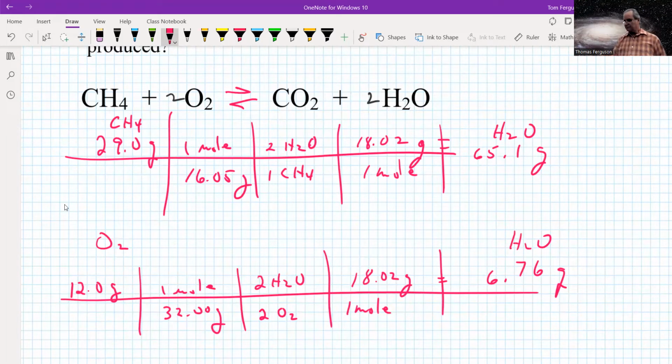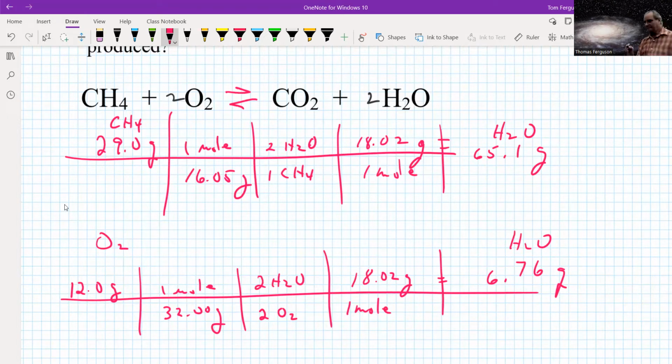Okay, so if we're just looking at oxygen, it only makes 6 and change grams of water. If we were just looking at the methane, it'd make 65. So what's limiting the reaction here? The oxygen or the methane? Oxygen. It limits because we don't have enough oxygen to go around for all that methane we have.